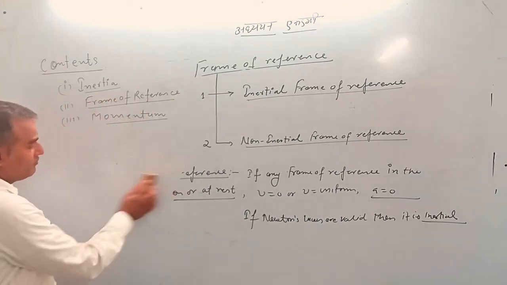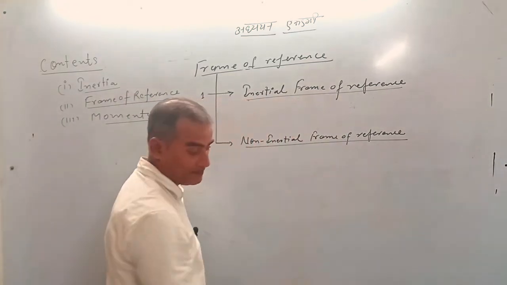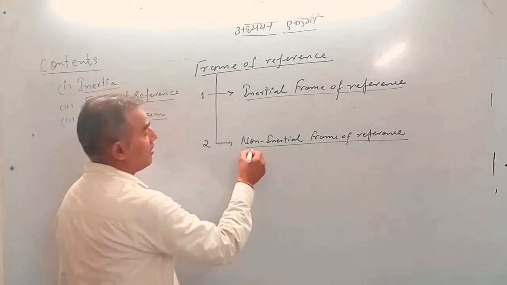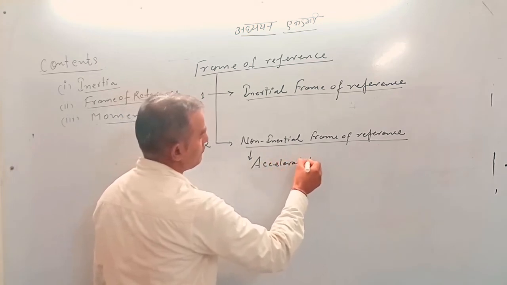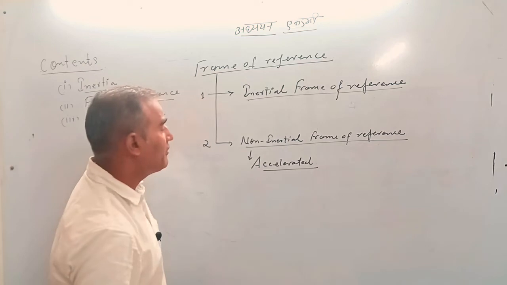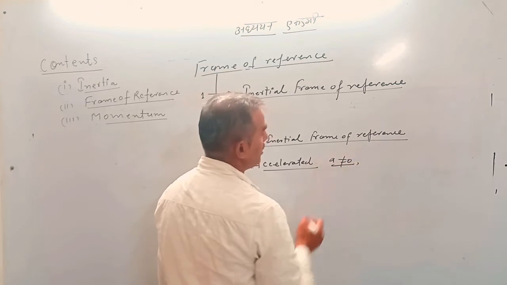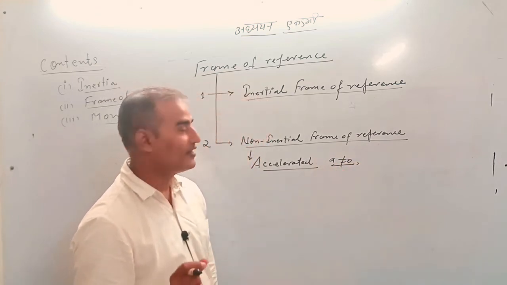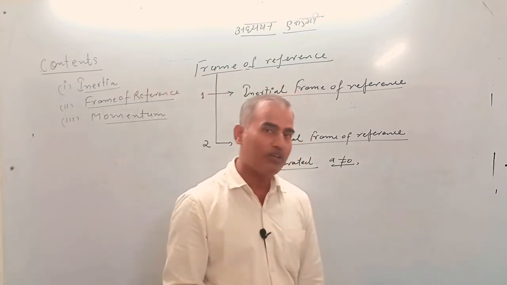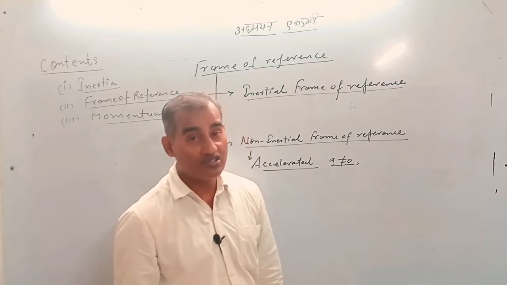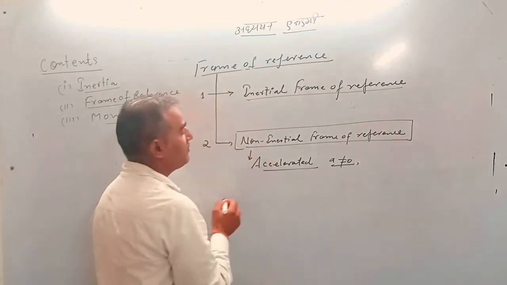Non-inertial frame of reference. What will be a non-inertial frame of reference? Accelerated. If any frame of reference has an accelerated motion, means A is not equal to 0, then this is called a non-inertial frame of reference. As an example, if any frame of reference is revolving around the Earth or around the Sun, it is known as a non-inertial frame of reference, means accelerated.